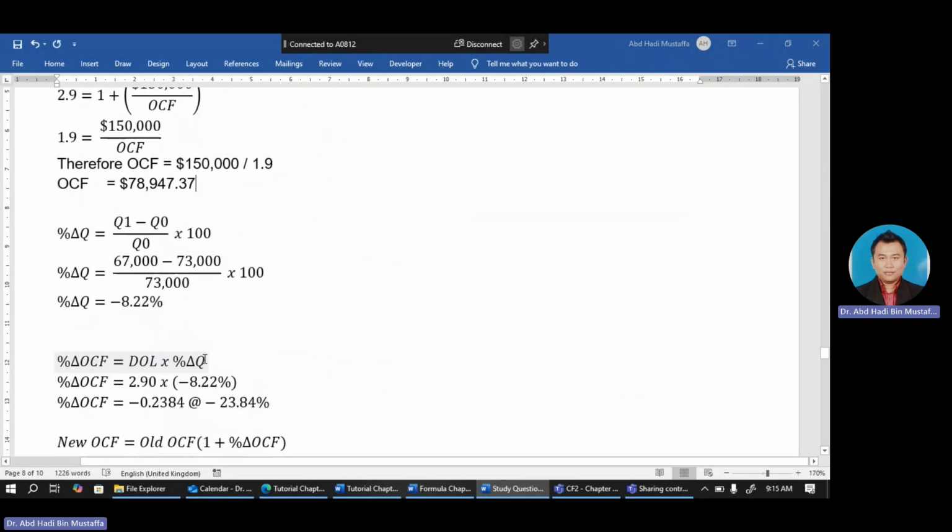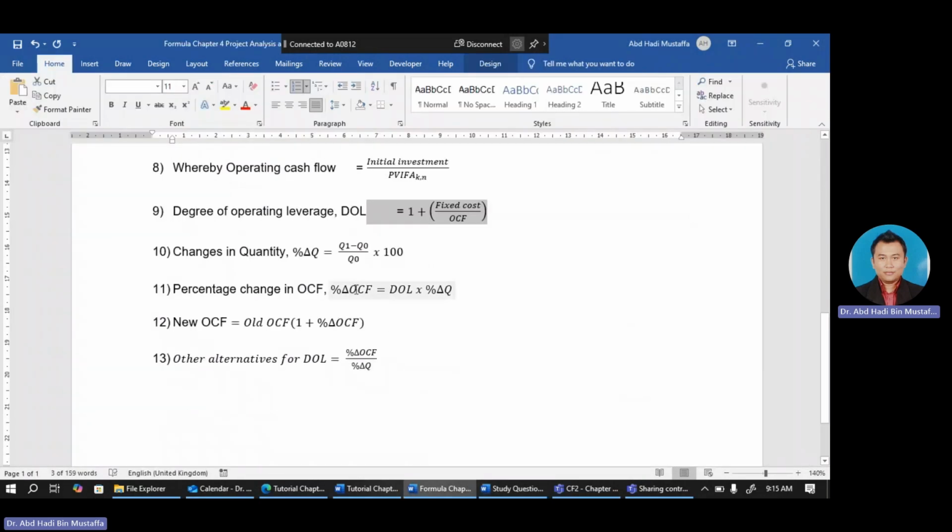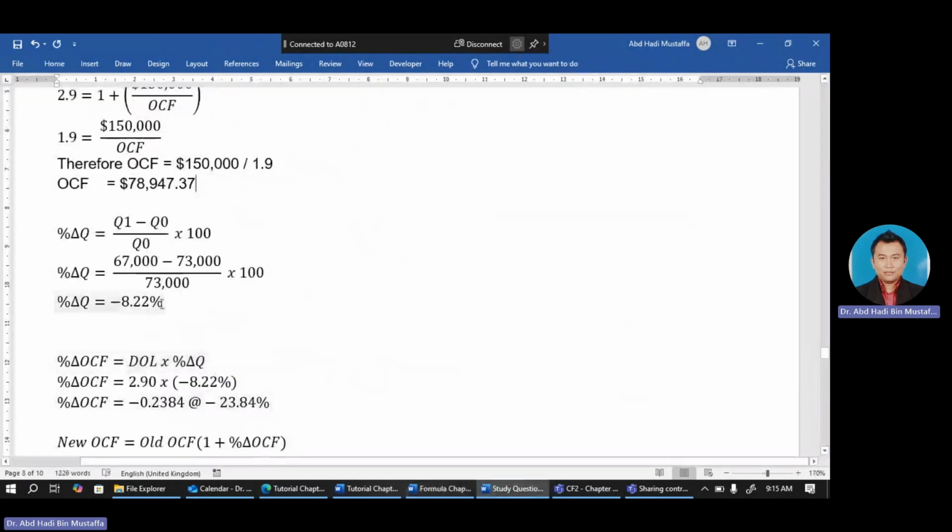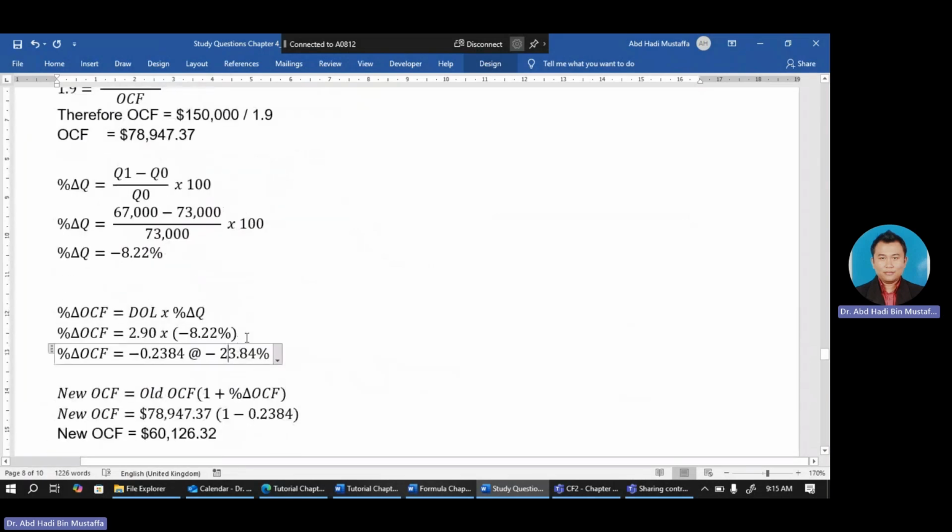Dan kemudian pakailah formula nombor 11, which is to find percentage change of OCF, iaitu DOL lama kali dengan percentage change of quantity, which is multiplied by negative 8.22. So you dapat 23.84% negatif untuk you punya OCF. So you tahu bila quantity dia fall from 73,000 to 67,000, OCF dia pun jatuh juga, to 23.84%.